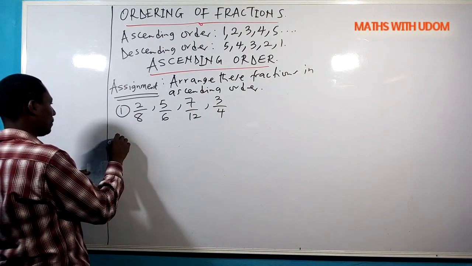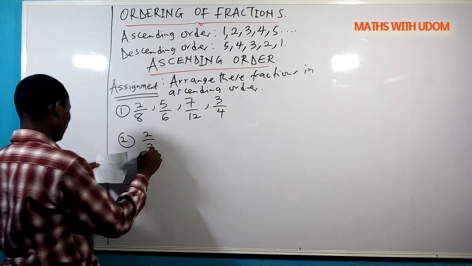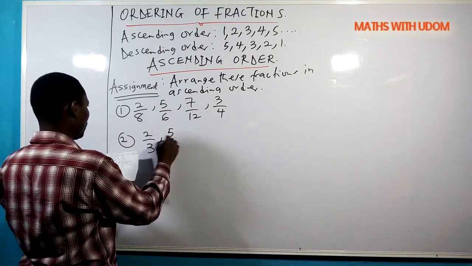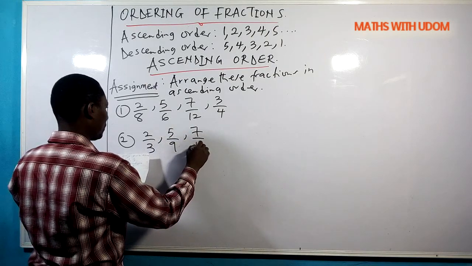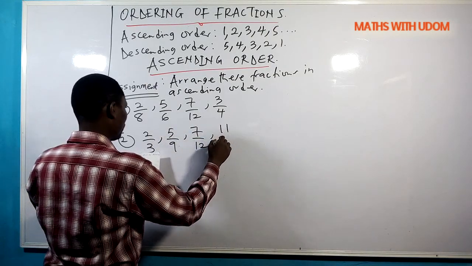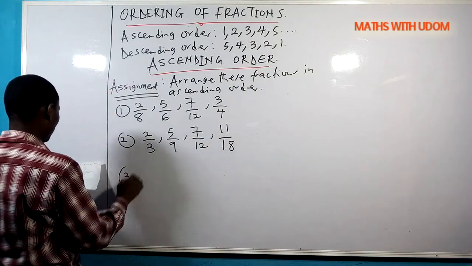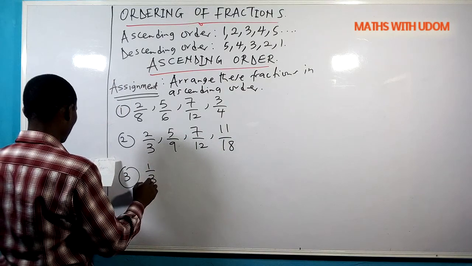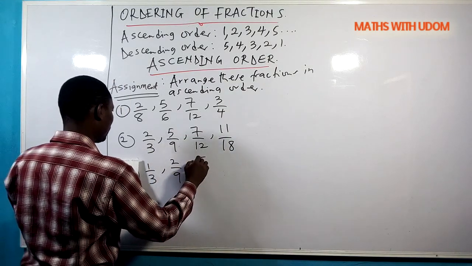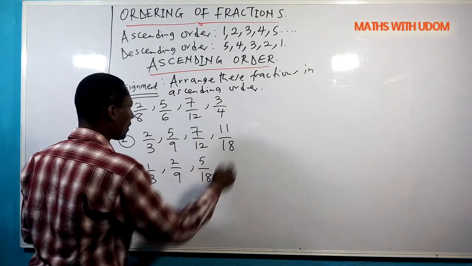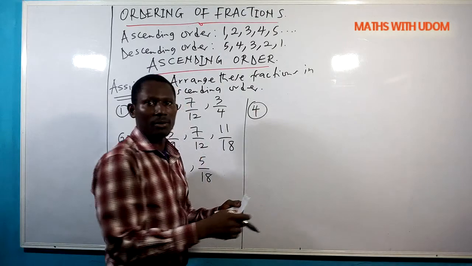Number 2: 2 over 3, 5 over 9, 7 over 12, 11 over 18. Number 3: 1 over 3, 2 over 9, 5 over 18.